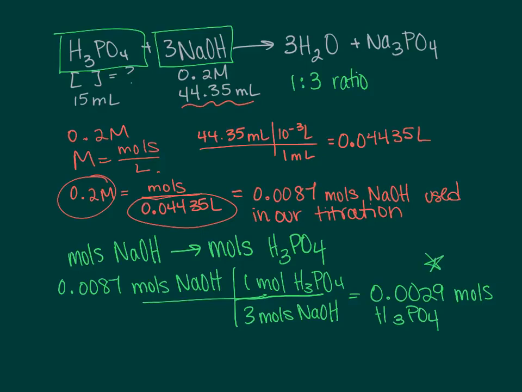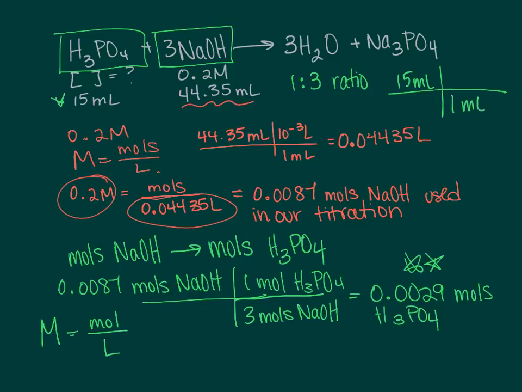So our goal is to find concentration. And we know concentration is molarity, so that's moles per liter. And now we have both values. We have the moles, which we just solved for, and the milliliters, which was given in the problem. So we just got to plug into that formula. So we can convert milliliters into liters, the same way we did the 44.35.